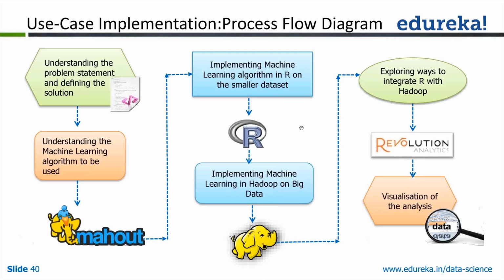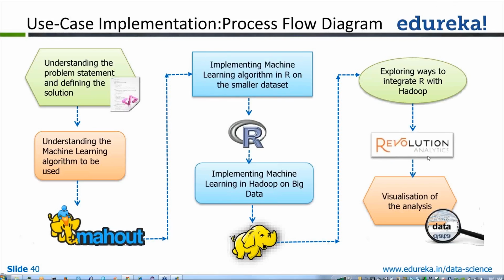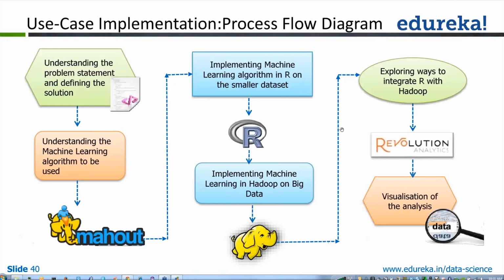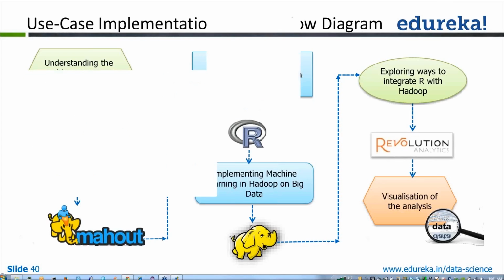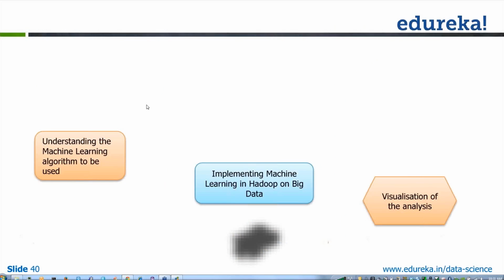When you're doing that, you use tools like Hadoop and Mahout, or R and Hadoop in conjunction. Through this, you explore different ways of processing the big data sets. And then finally, you visualize your results and maybe plot some charts for your management to look at, and so on.